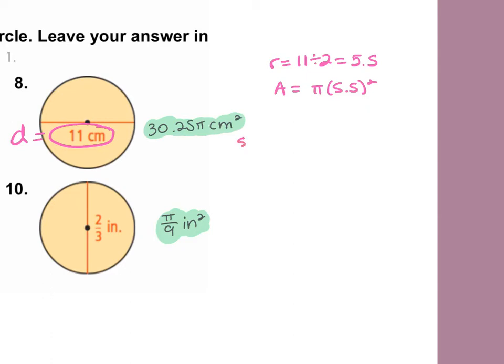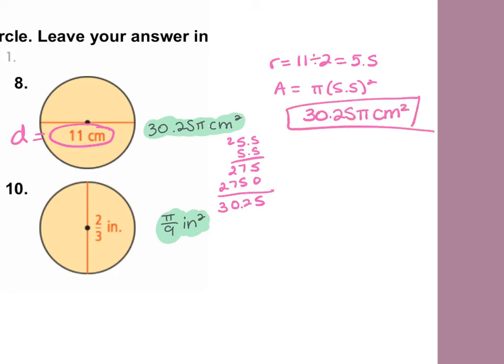Without a calculator, you'd have to multiply out 55 times 55, and then there's 2 places. But with a calculator, you just multiply 5.5 times 5.5, and you get that same thing, 30.25, and you're going to multiply that times pi. And it's centimeters squared. So the catch there is that the 11 that's given to you is the diameter and not the radius, so you have to cut it in half.